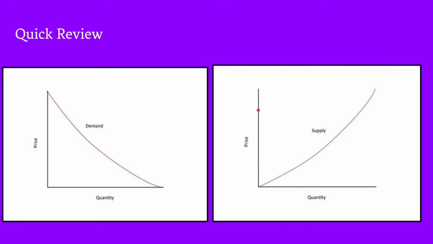As the price increases, the quantity produced also increases. So this shows us the law of demand, which is as price goes up, quantity demanded goes down. And this shows us the law of supply, which shows us that as price goes up, the quantity supplied increases.